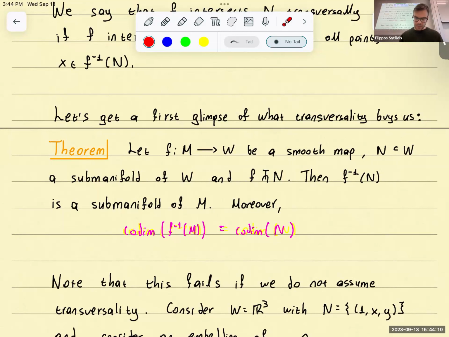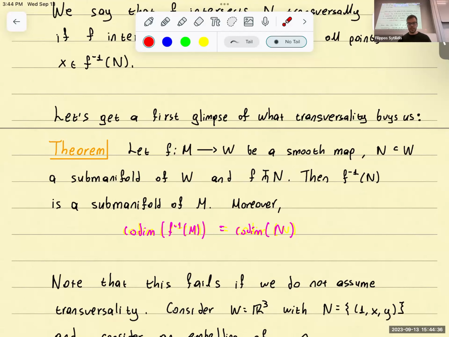If I give you a smooth map and a submanifold of the target, the pre-image of that submanifold usually is not going to be a submanifold of M, but if the map happens to intersect the submanifold transversally, it is, and we further know what its dimension is going to be.